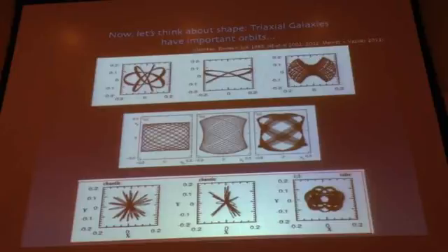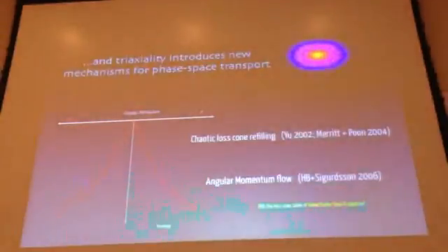We'll come back to that in a little bit. But what I want you to take away is that you can keep a loss cone full in a triaxial galaxy. And another small thing to keep in mind is that the amount of stars that interact with the binary black hole depends intimately on the orbits in the model, in the galaxy. I just talked about all that stuff.